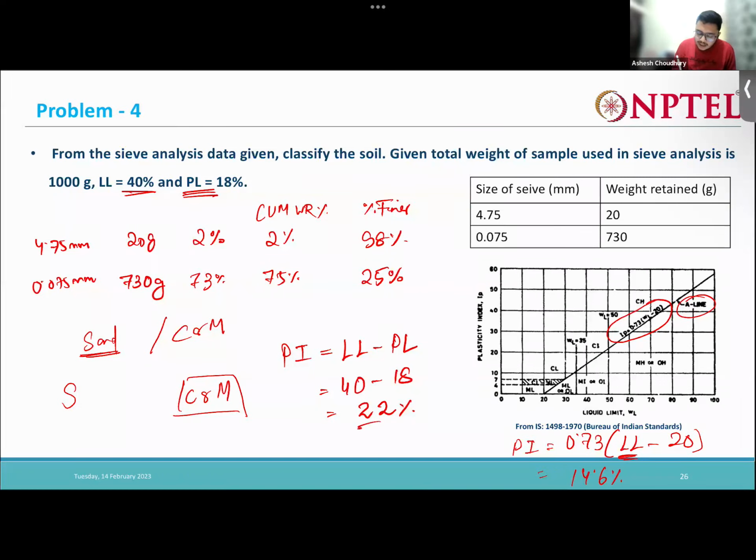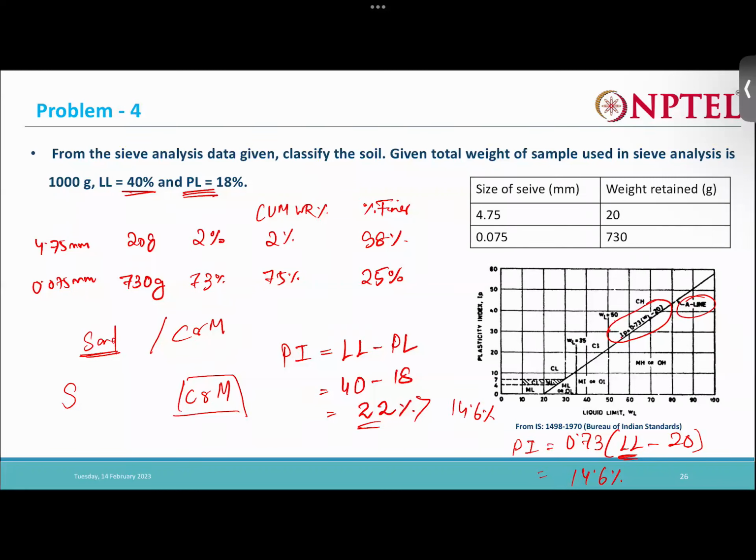Our plasticity index is 22%, which is more than the 14.6% calculated from the A line. This means our point is above the A line.